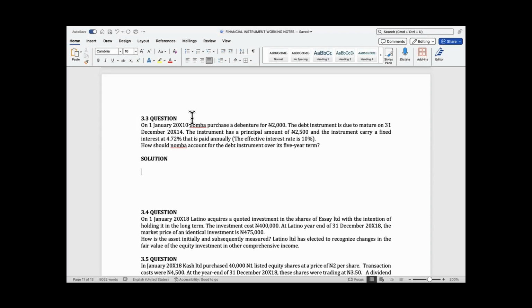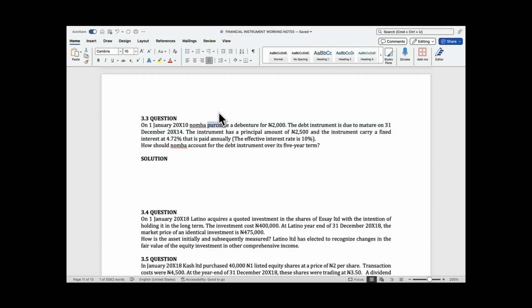So number purchased a debenture for 2000. This shows that number is an investor, since he's the one that is purchasing. The debt instrument is due to mature in 2014, so the period of the investment is 10, 11, 12, 13, 14.